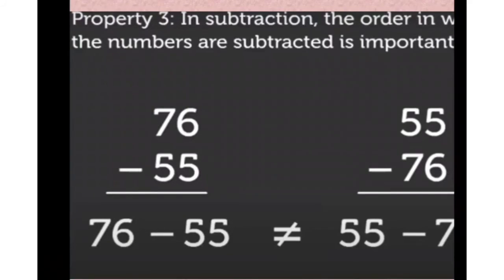In both cases, they are not the same. It means LHS is not equal to RHS. You know the meaning of LHS, left hand side, and RHS, right hand side. So in this type of case, both sides are not the same, but in addition, both sides are the same. So this is the difference between the properties of addition and the properties of subtraction.